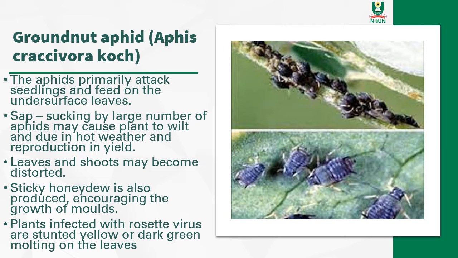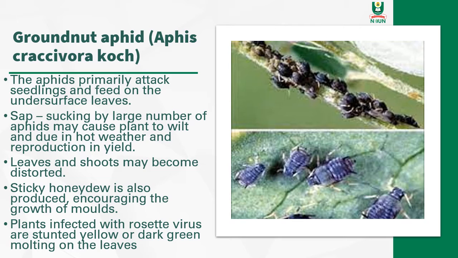That's the groundnut aphid. The primary host is the groundnut, and they suck the soft sap of the plant, leaving the shoots and the leaves distorted. Also, you notice this sticky honeydew, which is produced when this infestation occurs, and this sticky honeydew encourages the growth of molds.